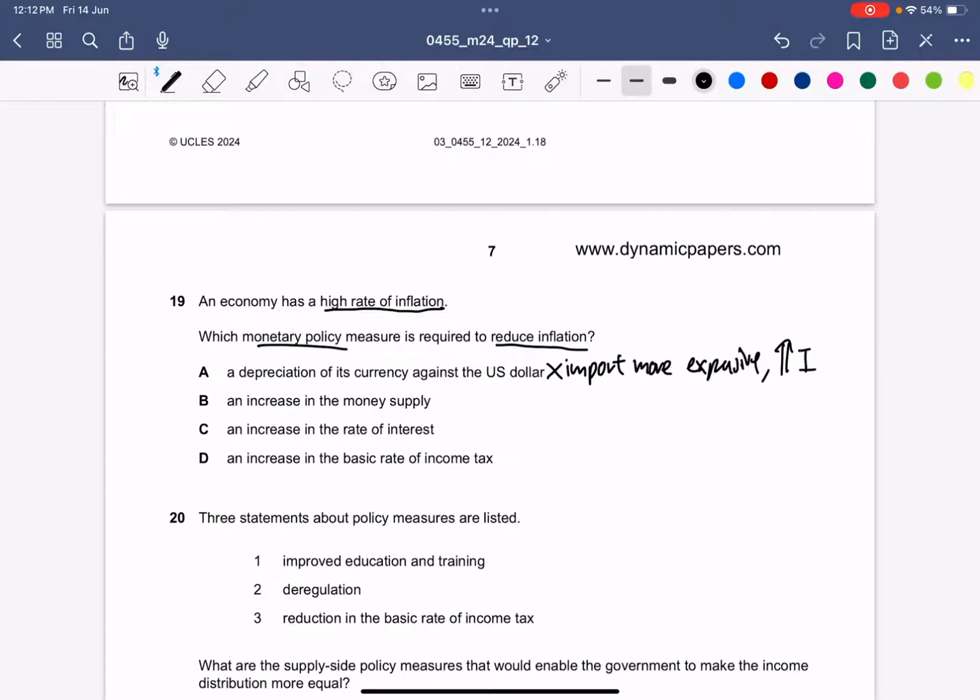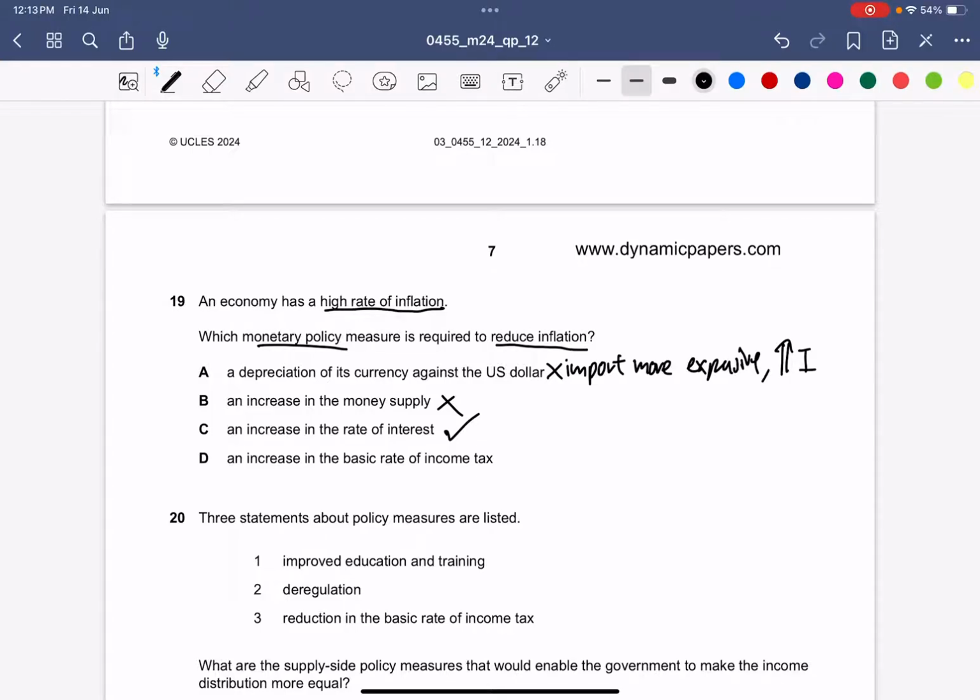An increase in the money supply. No, you should reduce the money supply to reduce inflation. An increase in the rate of interest. Yes, because with the increase in the rate of interest, you can discourage consumer spending and investment. This reduces inflation, correct? An increase in the basic rate of income tax.